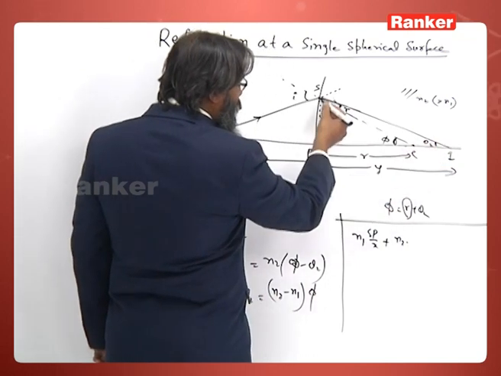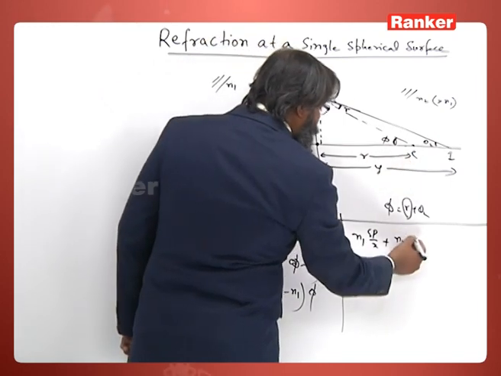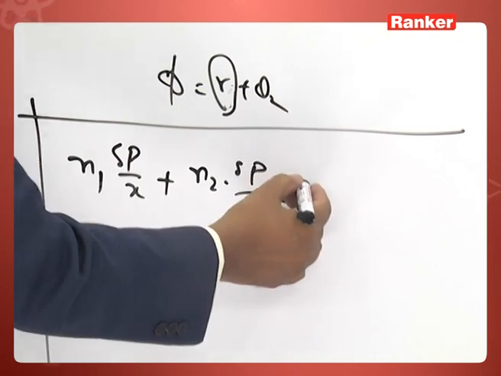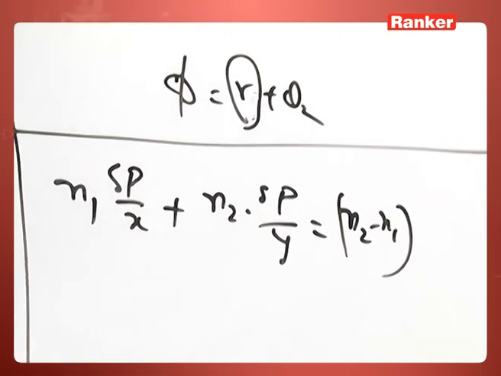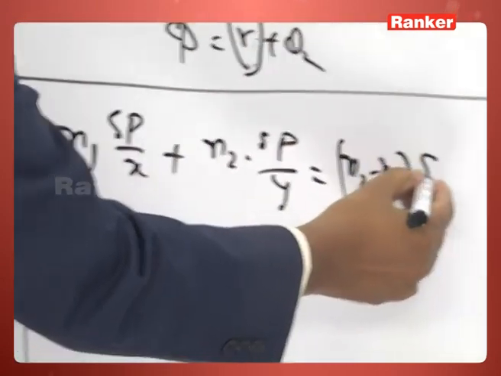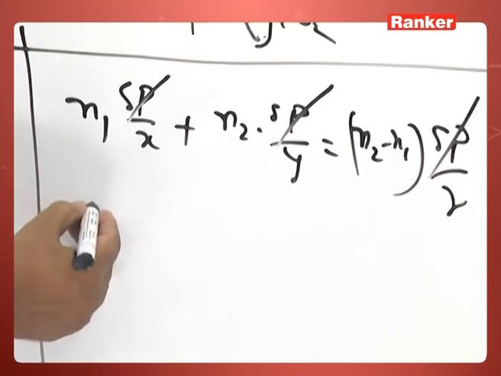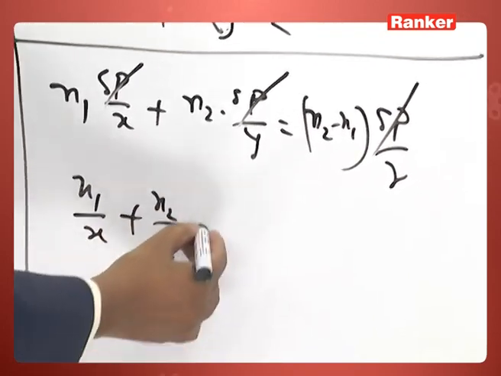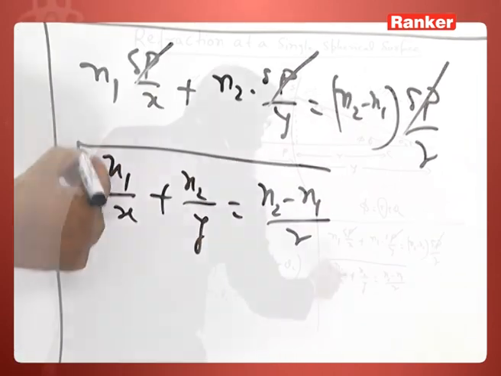This angle is so small that theta can be written as tan theta, SP by Y. SP by Y is equal to N2 minus N1, and this phi is SP by R. So, this SP cancels. N1 by X plus N2 by Y is equal to N2 minus N1 by R.